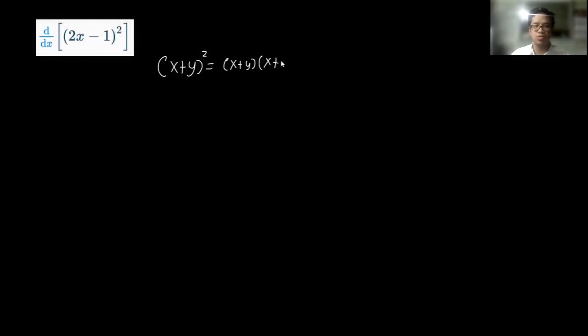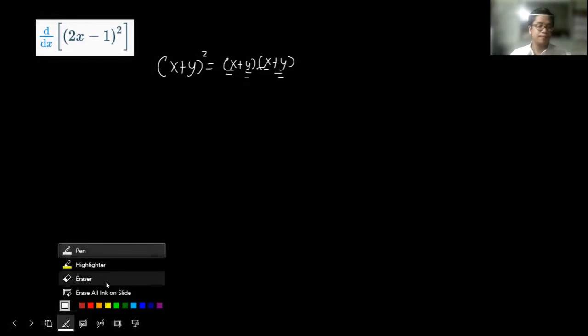So what we're going to do here is FOIL method: you multiply the first terms, the outer terms, then the inner terms, then the last terms. But there's like a technique for that. Like you don't need to.